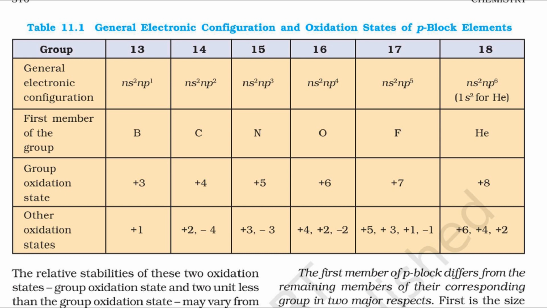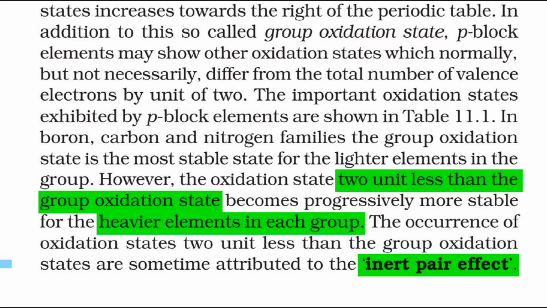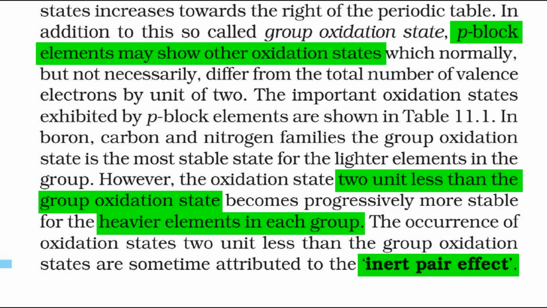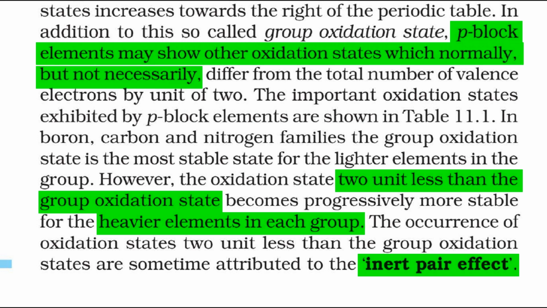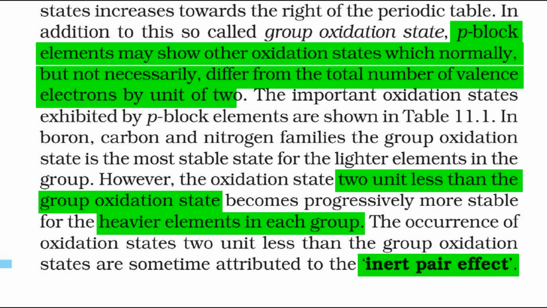In the carbon family, group 14, the group oxidation state is +4, whereas the other oxidation states are +2 and -4. That means +2 is 2 less than the group oxidation state, but -4 is not. That's why it is written in the book that P block elements may show other oxidation states which normally, but not necessarily, differ from the total number of valence electrons by units of 2. That means it's generally 2 less but not always.